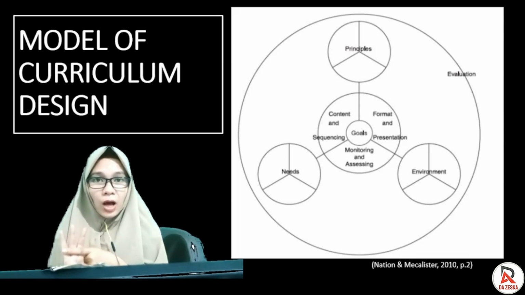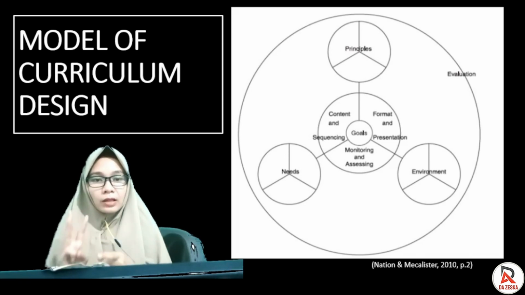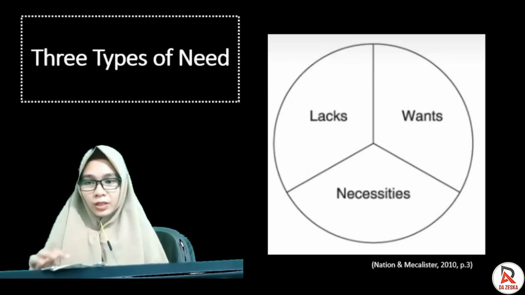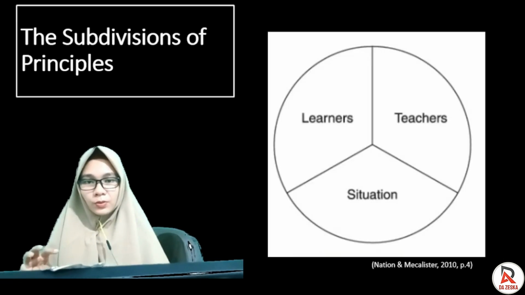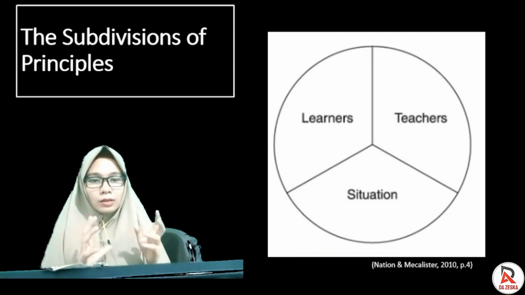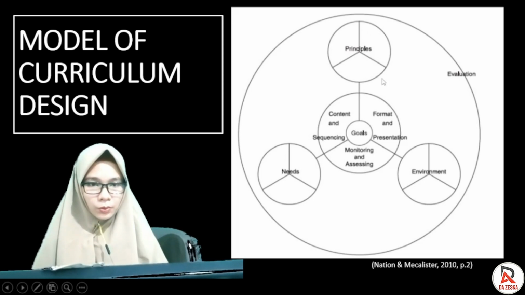You will need to have research, and you will need to have theories for that. And those theories or researches are the principles for your teaching, and that's going to be the outer circle. So this is the outer circle, principles.